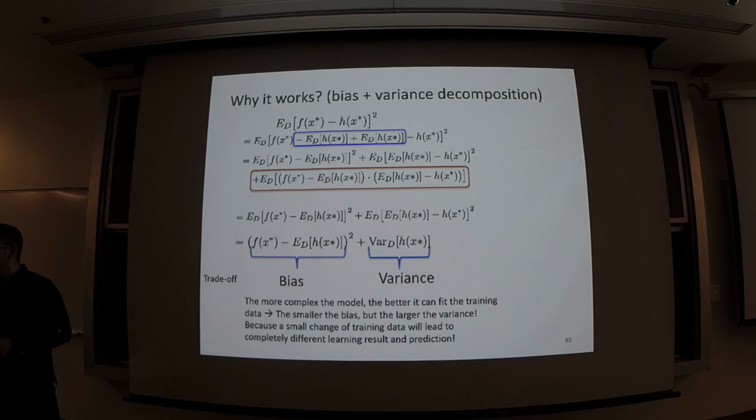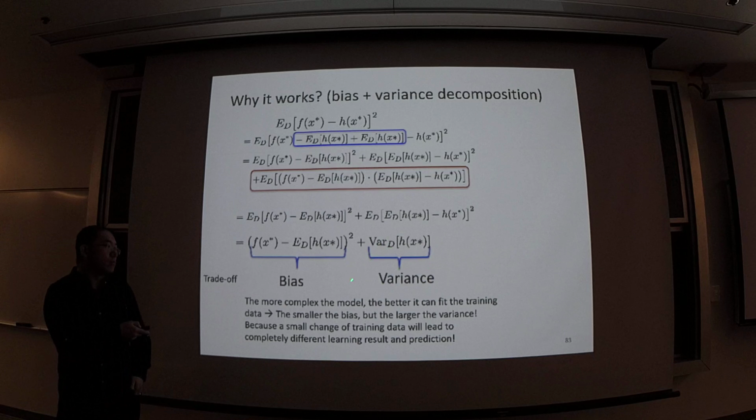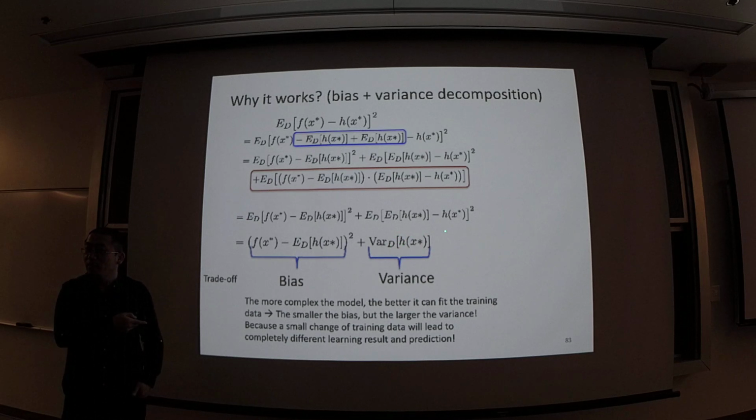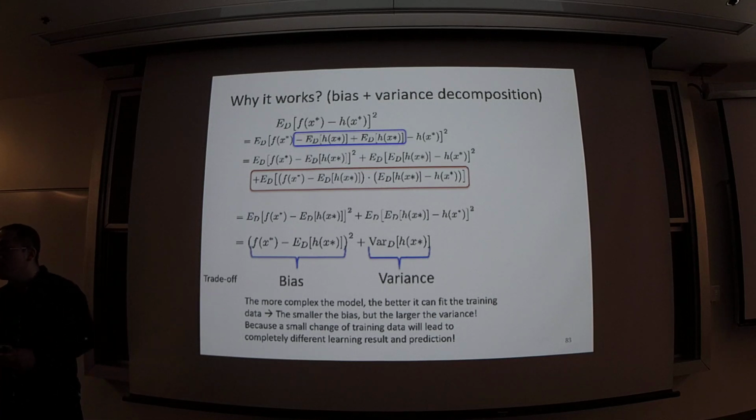The second term is variance. It has nothing to do with the ground truth label; it's not determined by fx star. It's only determined by how you learn the classifier, the nature of the learning algorithm.